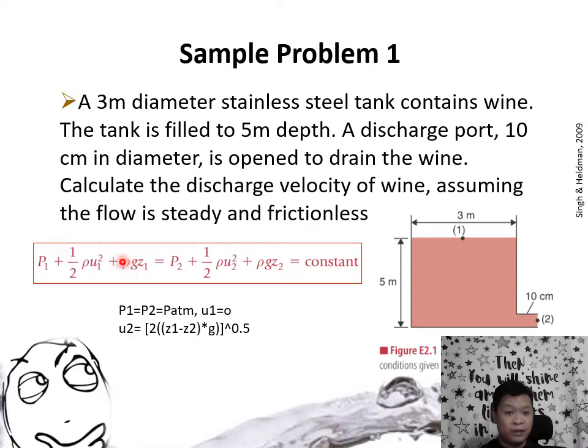So for 1, if you have the density, then gz1 mo na lang yan. Okay. And this one is automatically 0. So therefore, actually on this side, you only have one term, which is the one related to velocity.